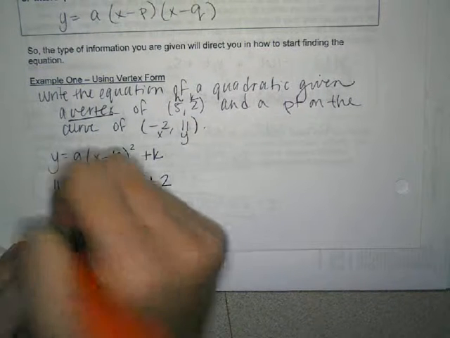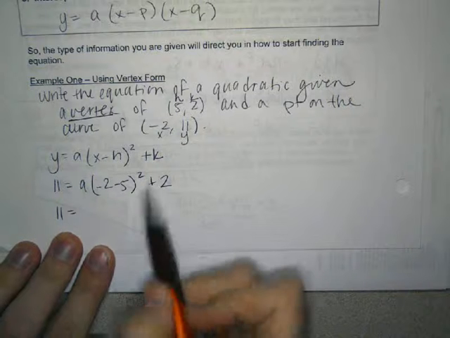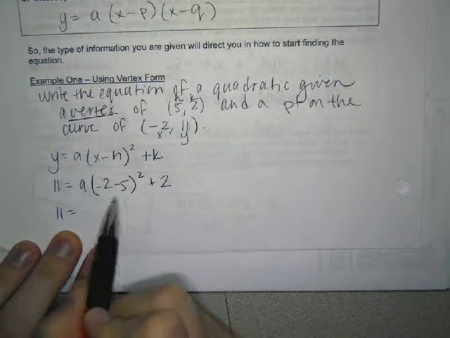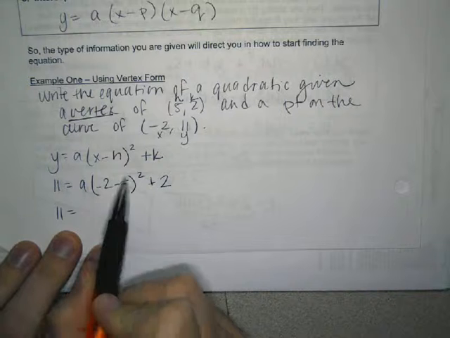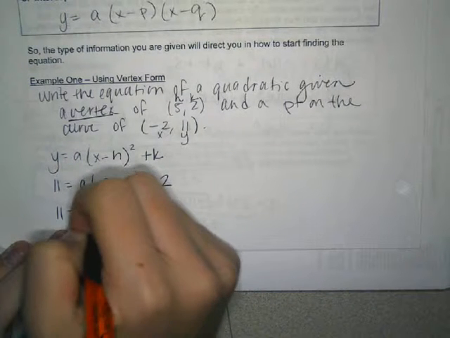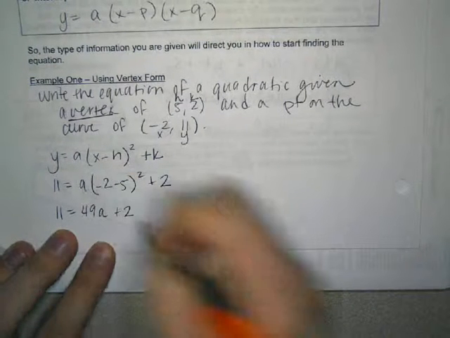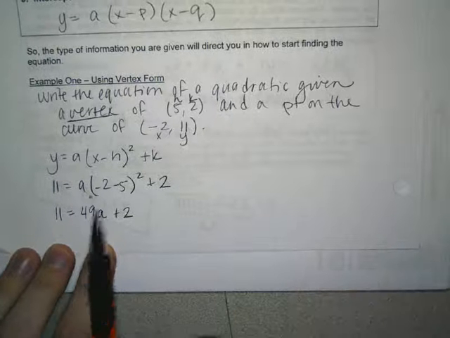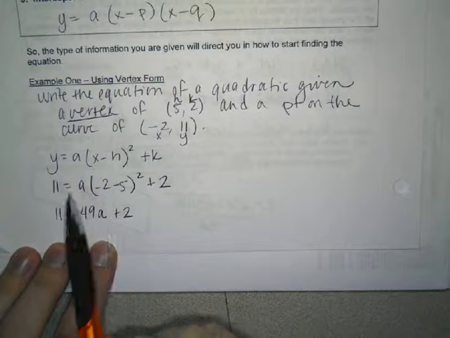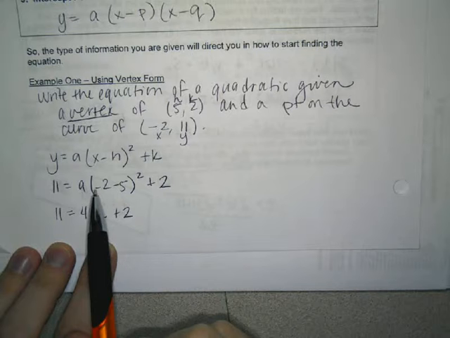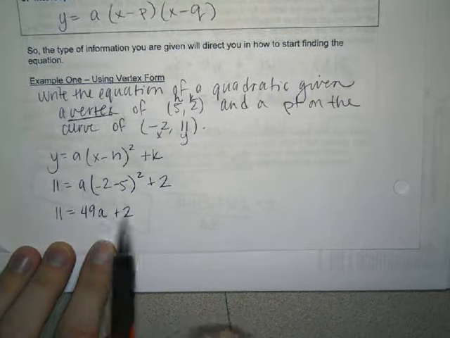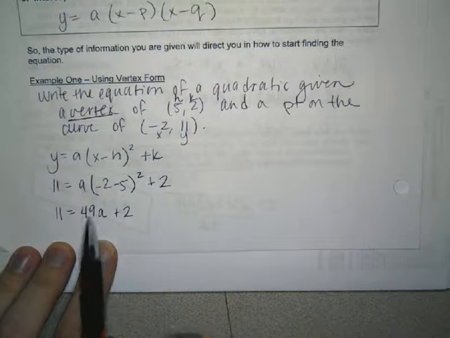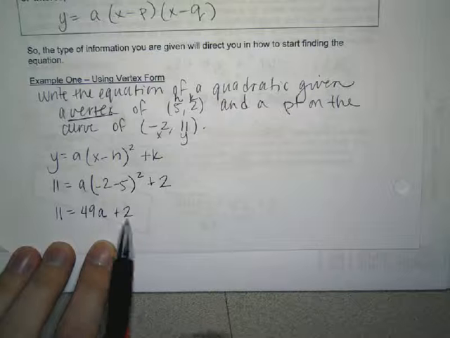Now when you simplify, I always do this part first. So -2 minus 5 gives me -7. -7 squared is 49. So that's 49a. And I know up here it was a times 49, but I moved the 49 in front because I don't want to suggest to myself that I add 49 and 2 together, because 49 and a are being multiplied. I can't add those together yet.